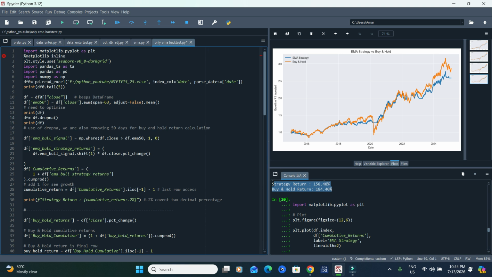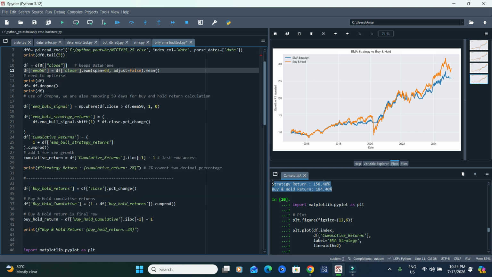We will also discuss the EMA crossover strategy. So we have to optimize this 63 window period. You can also use a 15-day chart, 15-minute chart, or 60-minute, or 1 hour, 2 hour, or 4 hour in live trading.